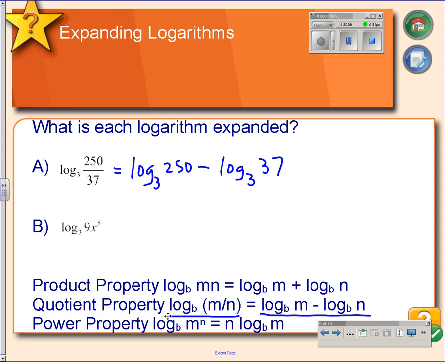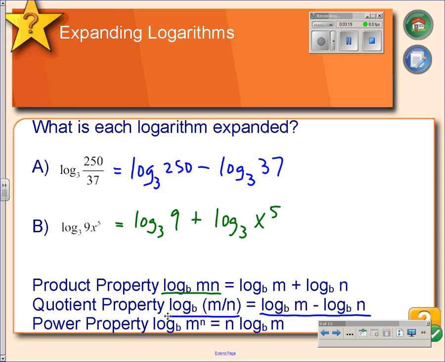In example B, we're looking at a combination of the product property and the power property. So first thing we'll do is separate it using the product property. So we'll separate this into 2 separate logs, log base 3 of 9 plus log base 3 of x to the 5th.